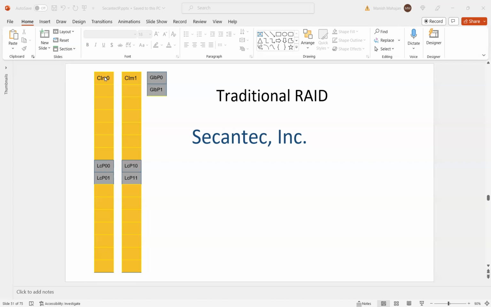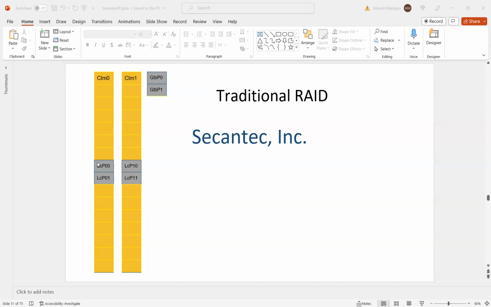So let's say there is a write on column 0, the local parities 0,0 and 0,1 are calculated, and the whole data is written into the column. Now, this also needs an update to the global parity. So global parity 0 and global parity 1 need to be updated.